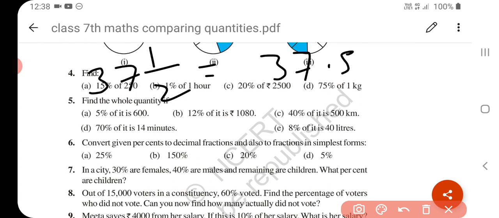Understand? So this way you have to write the answer.